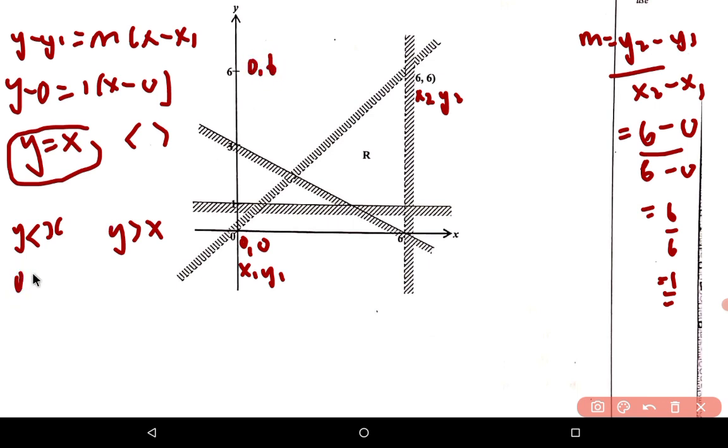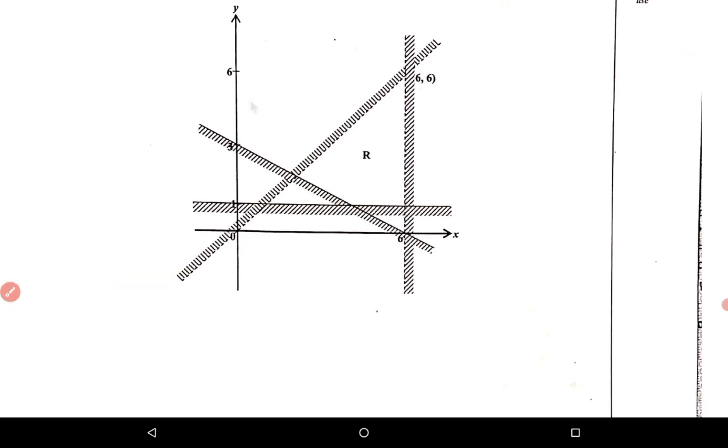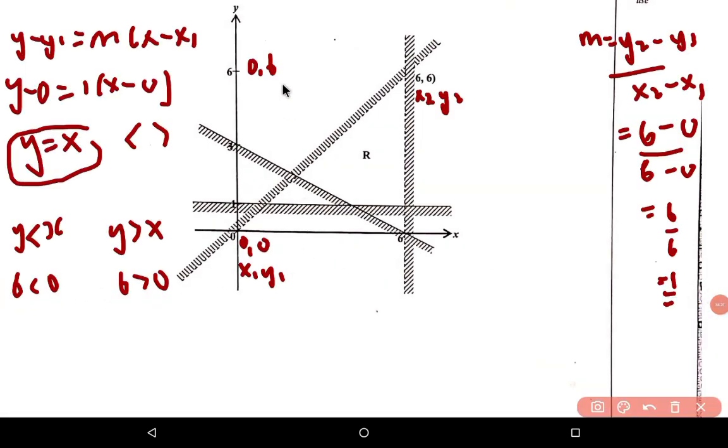So 0, 6 means 6 is greater than 0, 6 like that, because the x-axis here is 0. This is the test point that we're using, so this is x and this is y, that's why I've put it like this.